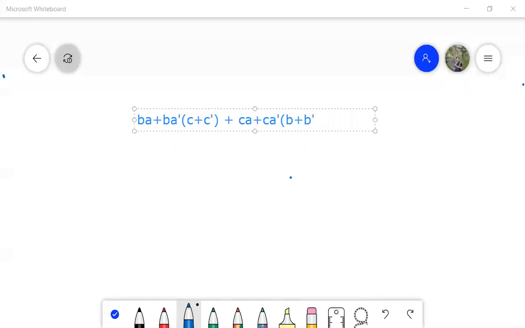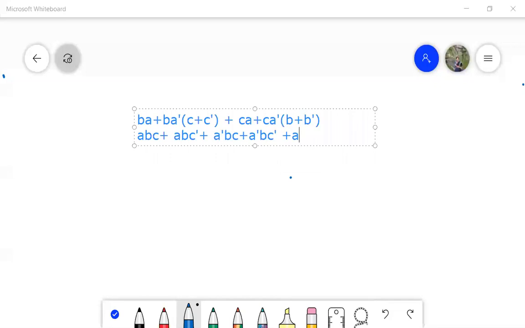Now again in the next step, if you multiply, it will be BAC. So I'll write it as ABC plus ABC bar plus A bar BC plus A bar B C bar, plus again the CA into B. I am multiplying.